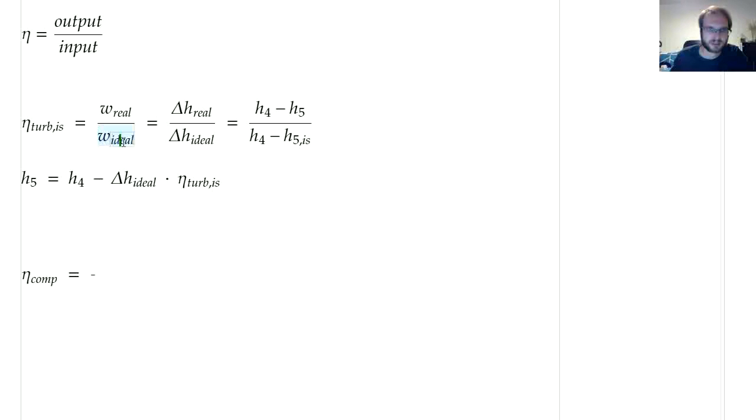So here the ratio will be quite opposite: the work ideal divided by work real. Also, the work ideal of the compression will be smaller compared to the real required input, because this is output to input, so the real input will be higher.